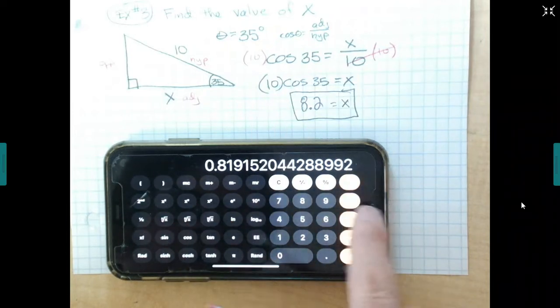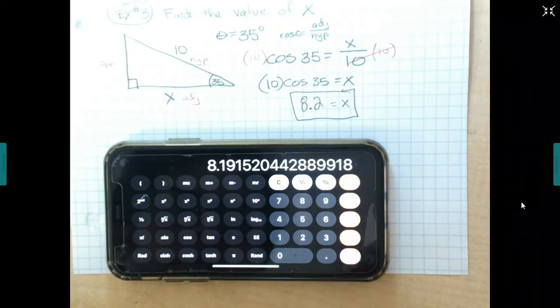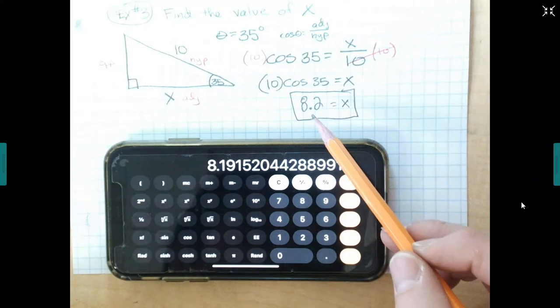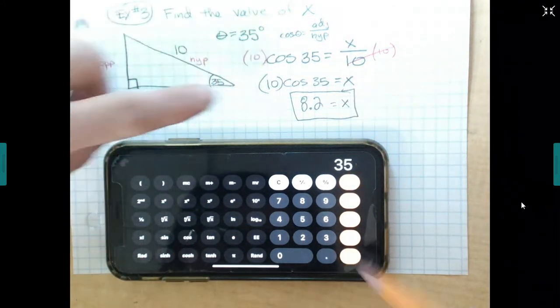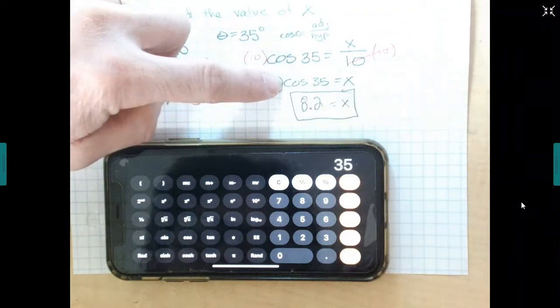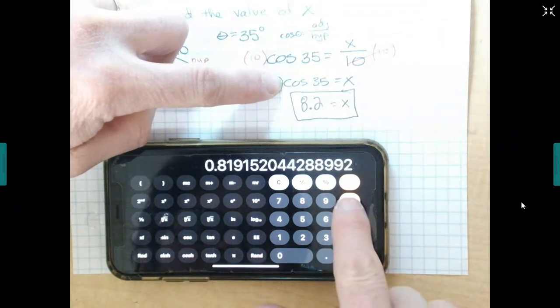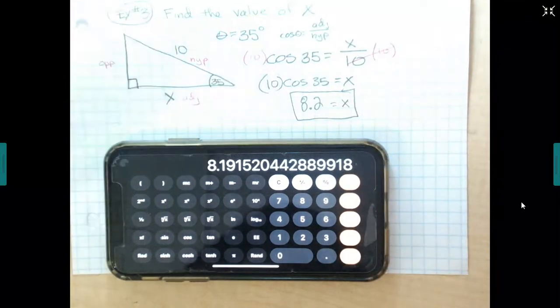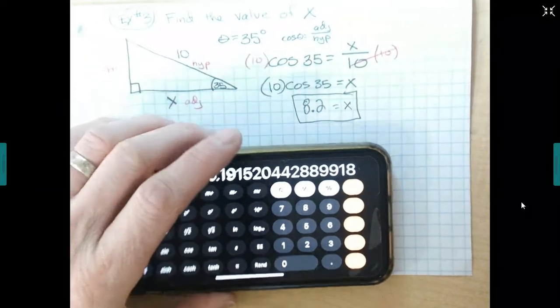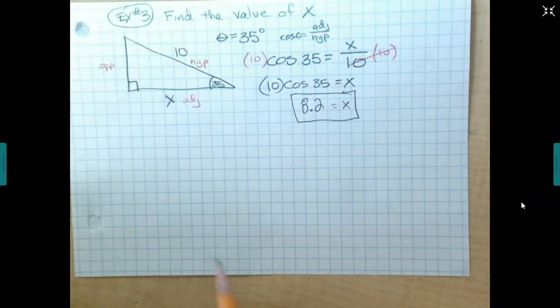For this problem, we multiply it by 10, and we get 8.2. So again, you would just put in the angle value, cosine, and then multiply it by 10, and it would give you 8.2. So that's how you can use your phone for these also.